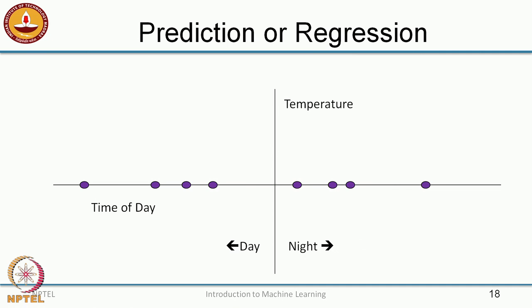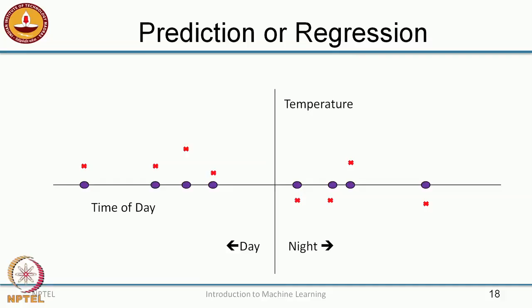Another supervised learning problem is that of prediction or regression, where the output that you are going to predict is no longer a discrete value. It is not like will buy a computer, does not buy a computer, it is more of a continuous value. Here is an example where at different times of day you have recorded the temperature.